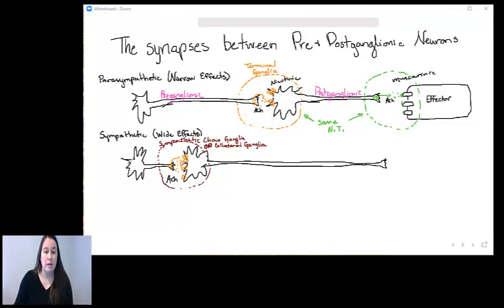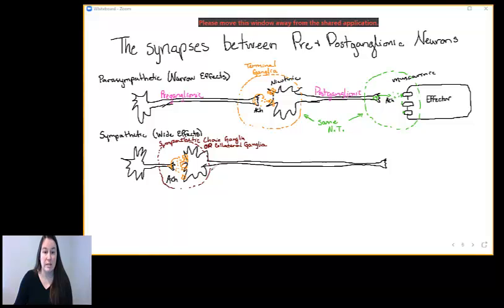All preganglionic neurons synapse to postganglionic neurons by utilizing acetylcholine and nicotinic receptors. Okay, what that means then is our interest then becomes over in the effector.